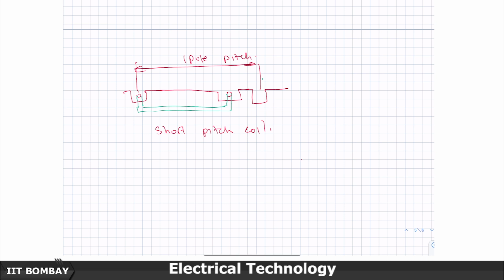Now, if I look at the EMF, I cannot directly talk in terms of EMF of a coil like I was doing earlier. I will talk of the EMF of this conductor 1, and this conductor.